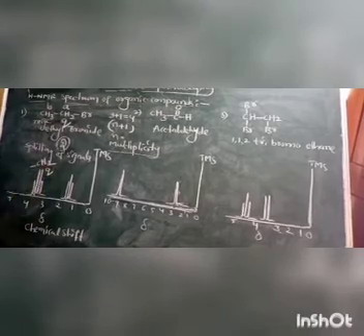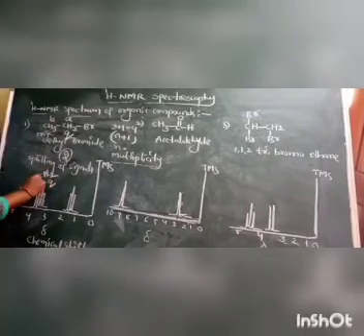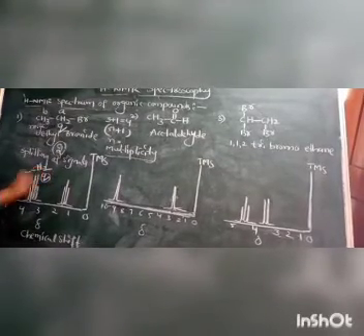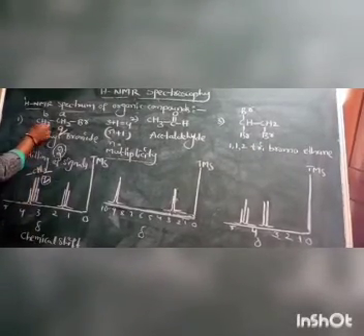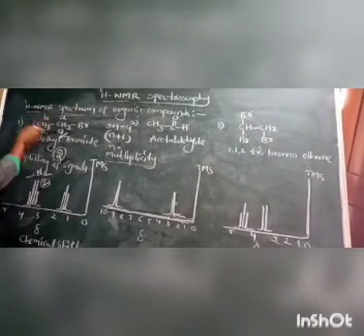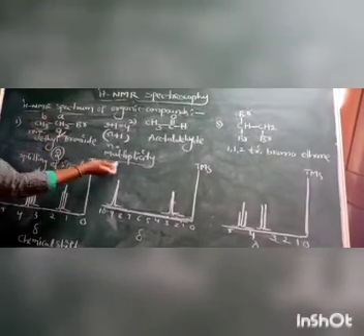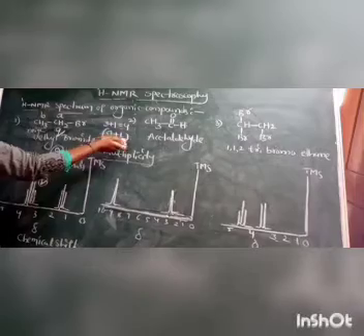This signal is the quartet for CH2 protons. Next, the B type of protons are also present, so for these B type of protons we also give multiplicity according to the n plus 1 rule.